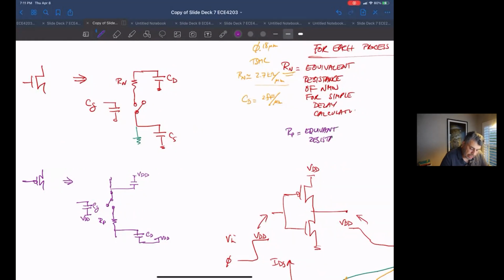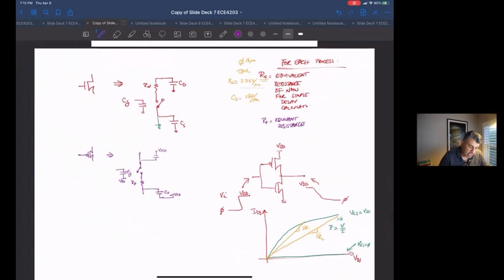And so we also saw, R sub P will be also some equivalent resistance. I want to say aggregate resistance, maybe is a better word, because it's on sort of this average. So you're sort of aggregating the resistance while this thing is transitioning. So equivalent resistance, I guess.